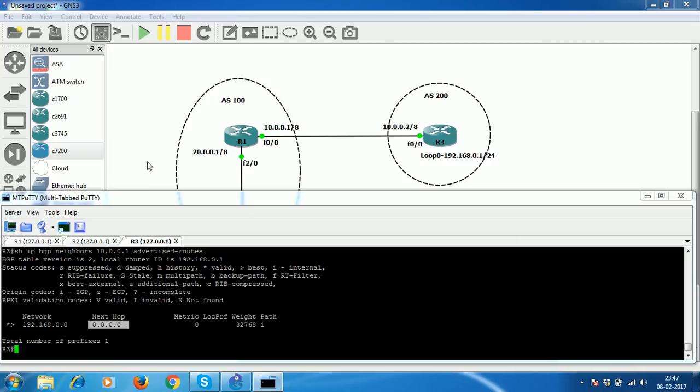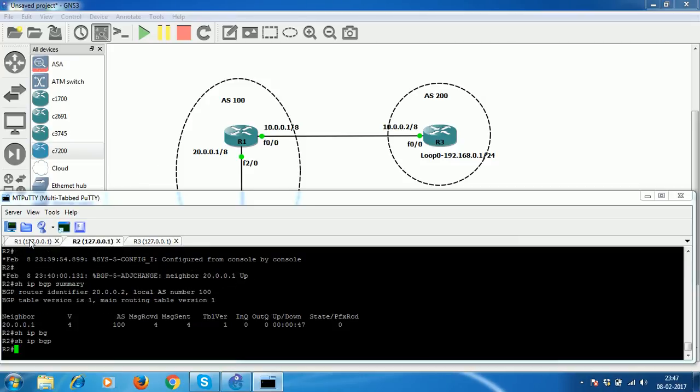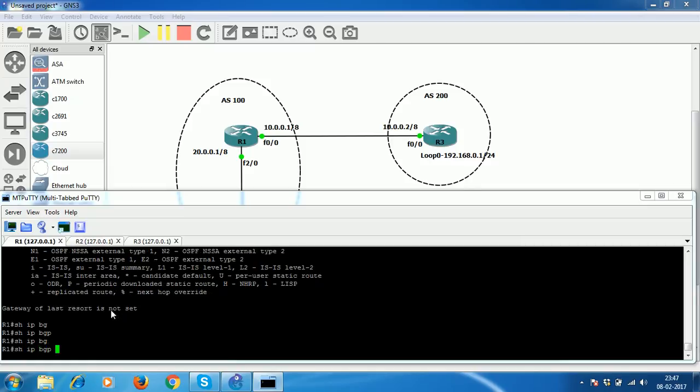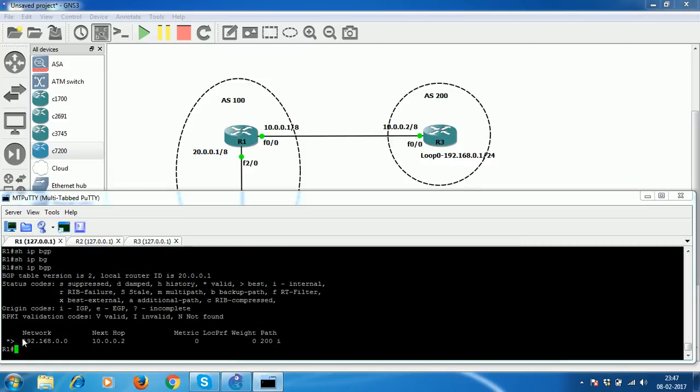Let's go and see on router 1 whether I am receiving that IP. Show IP BGP. Inside BGP I am getting a star and a greater-than symbol, right? The star tells whether the subnet is valid or not, and the greater-than symbol indicates whether this is the best path. For example, if I have multiple paths to reach a single network, you'll see in coming videos.